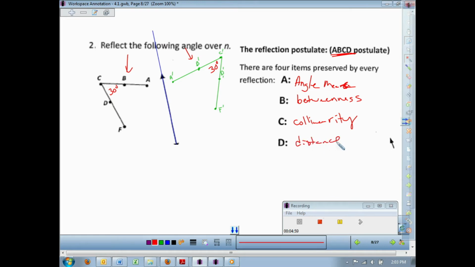So these 4 things are preserved by every reflection. That means if the distance from A to C was 2 inches, then the distance from A prime to C prime will also be 2 inches. It's not going to grow or shrink. So reflections preserve angle measure, betweenness, collinearity, and distance. And we'll use a couple of these for justifications as we go along today. So let's keep on rocking.